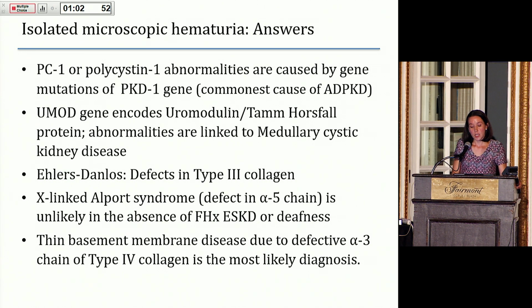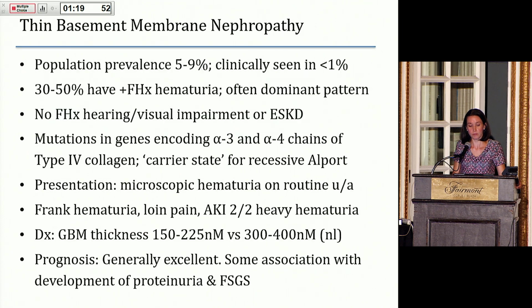And then X-linked Alport syndrome is a defect in the alpha-5 chain. So that's unlikely in this particular patient because he has no family history of end-stage kidney disease or deafness, whereas thin basement membrane disease, where you have a defect in the alpha-3 chain of type 4 collagen, is most likely in this particular case.